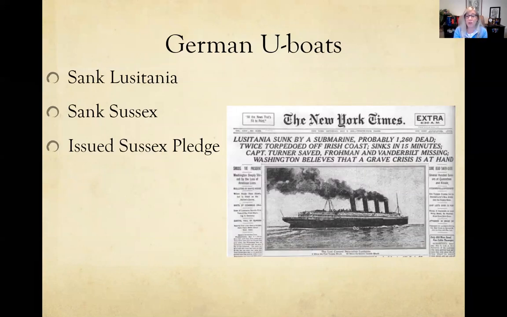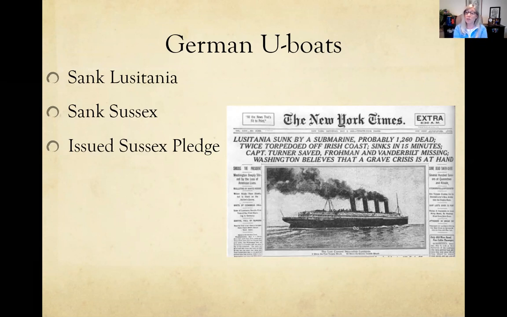And when word comes out, there are some really powerful people and important people on the Lusitania when it sinks. And this potentially could bring the United States into the war because there were Americans on the ship. But again, Wilson thinks this is not the right thing to do, and Germany is concerned they don't want the United States to come in on the side of the British.